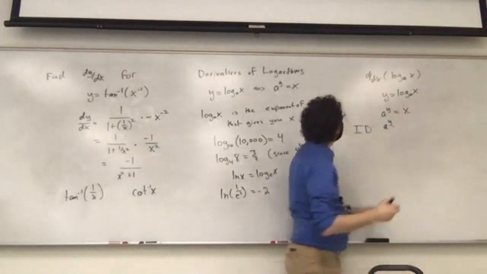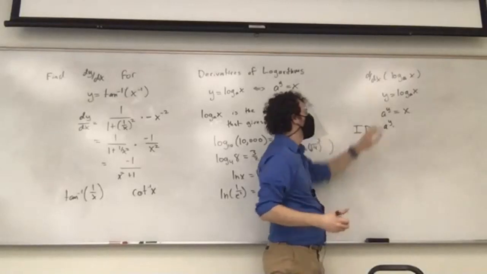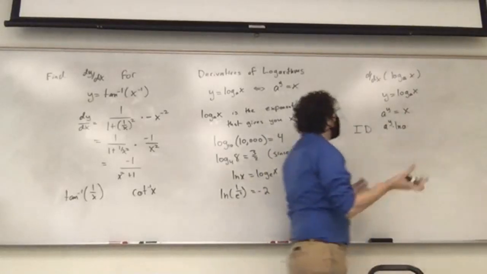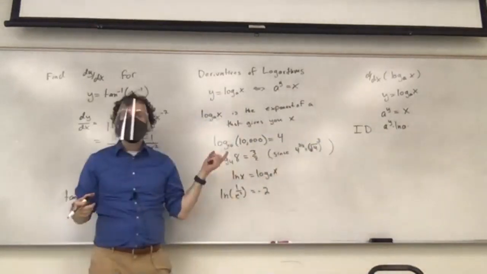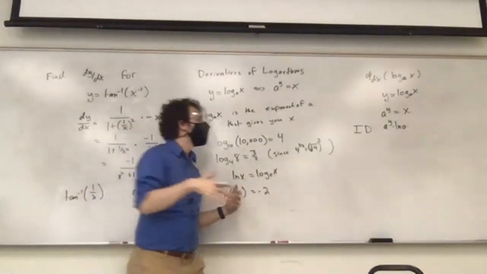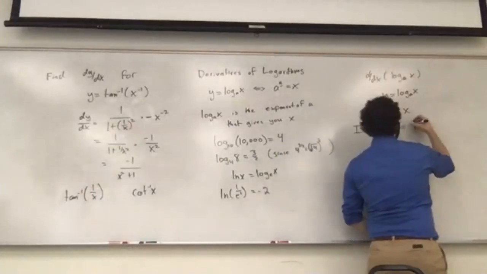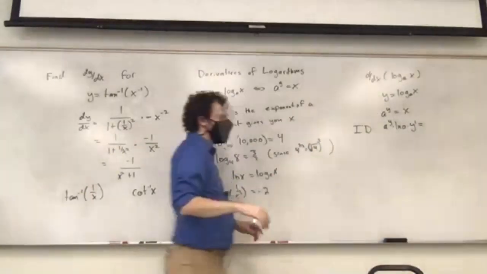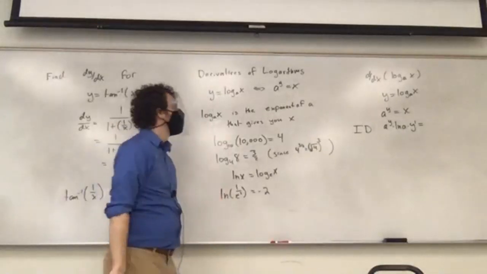But we also get the natural log of the base. So we get a natural log of a factor. But then we also, because there's a y there, not an x, get a y prime factor. And on the right side, x becomes just 1.